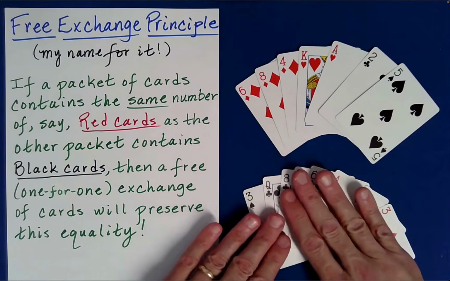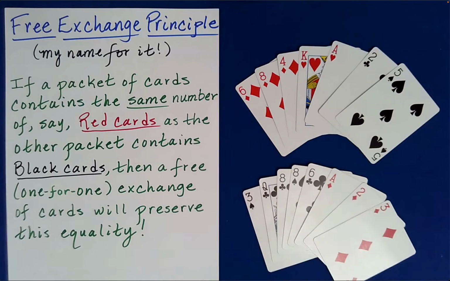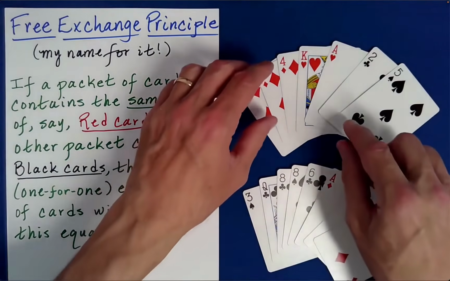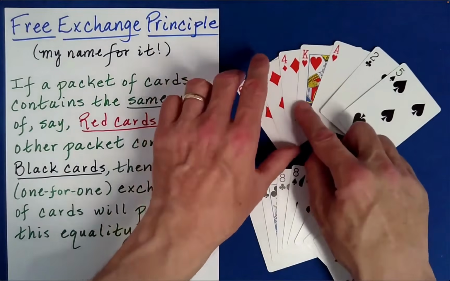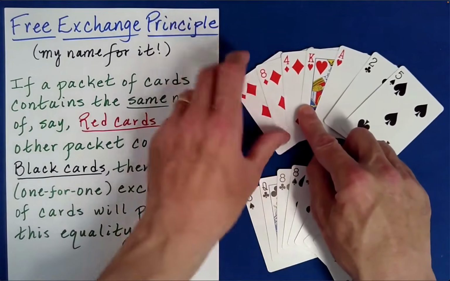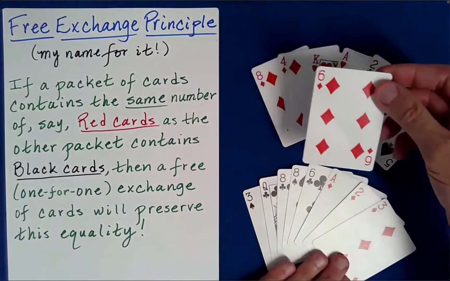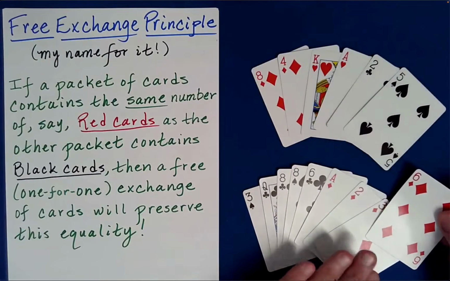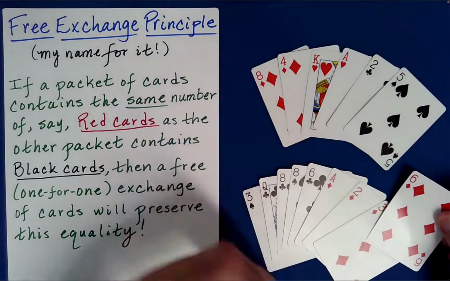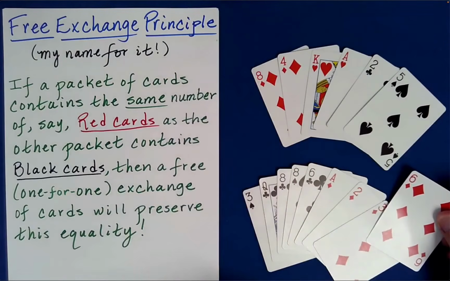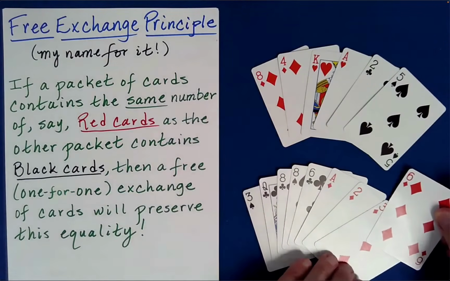Okay, so let's just see that for ourselves here. So let's say somebody wants to exchange this one right here, the red. Okay, well, think about this. If they exchange it for a red here, it doesn't change anything. Everything's exactly the same in terms of how many reds and blacks are on each, right?